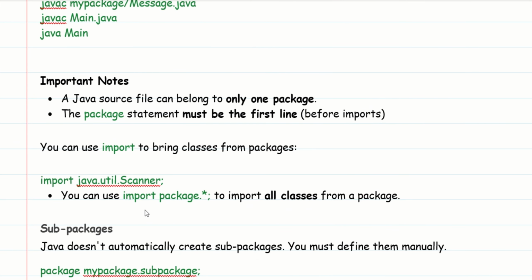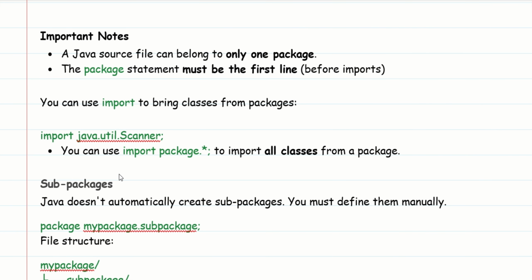Important to note, a Java source file can belong to only one package, and the package statement must be the first line. You can use import to bring classes from a package, like import java.util.Scanner. This is how we bring the classes.